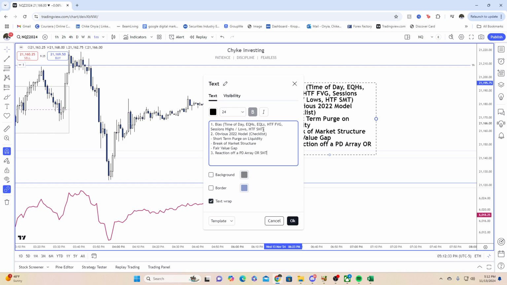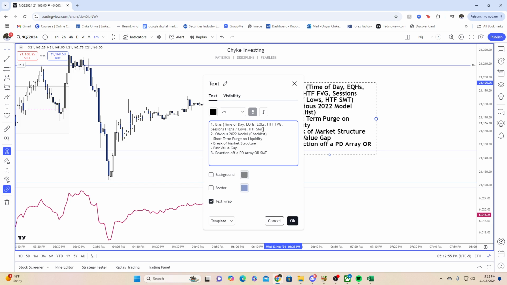This can get further exacerbated if you see a reaction from somewhere, like let's say a 4 hour fair value gap or a daily fair value gap. Or you see us reacting from an NWOG or an NDOG, or reacting off an ORG, or just any key higher time frame PD array, or maybe key PD array in general.